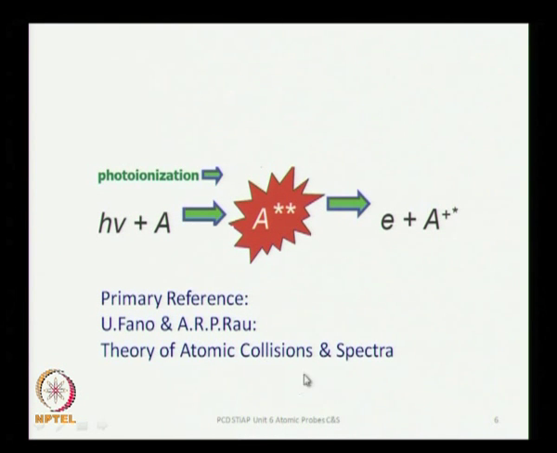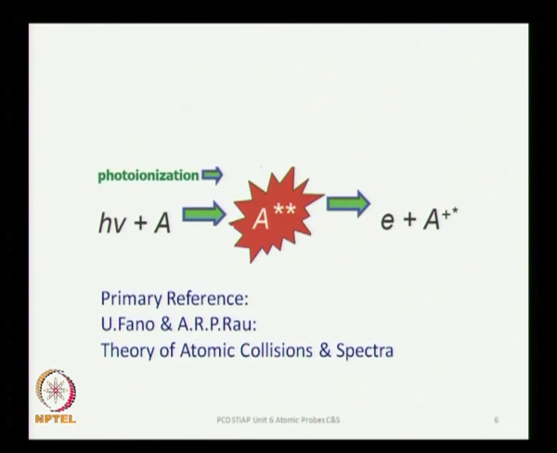And if you look at the photoionization experiment, this is a typical event: you have a photon which is absorbed by a neutral atom, you have the formation of an excited state, and this excited state is represented by putting these two asterisks on A, which can then decay into an electron and an ion, which may also be in an excited state, or it could be in a ground state.